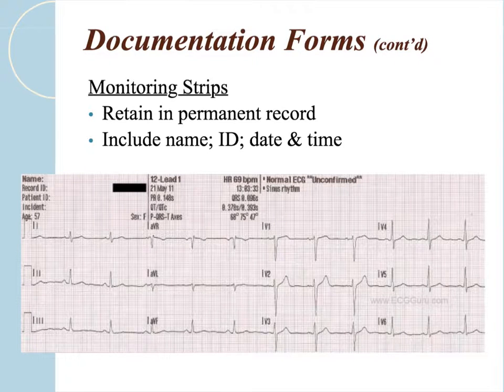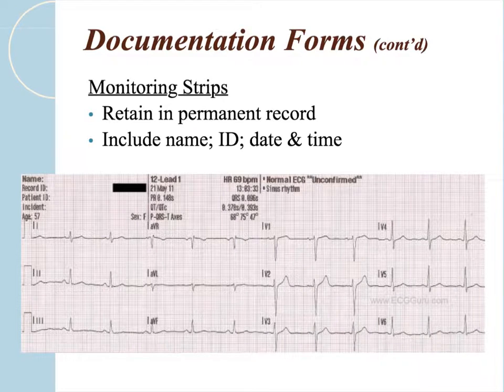Another type of form that you might see are monitoring strips. So this one is a 12-lead EKG. Sometimes they're just on a monitor, and it's a 3-lead EKG, and if there are significant rhythms, you would tear off that strip to put it in. I've seen monitoring strips for pregnant ladies, where they have pictures of the contraction wave at the same time as the fetal heart rate and the baby's response.